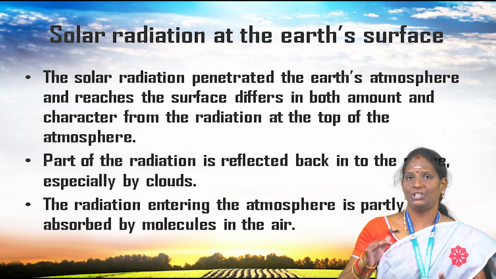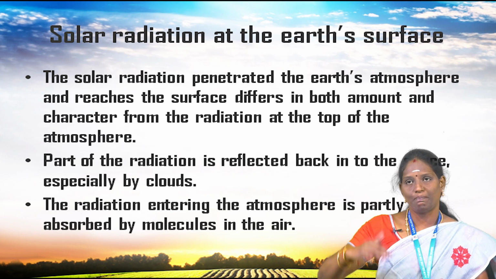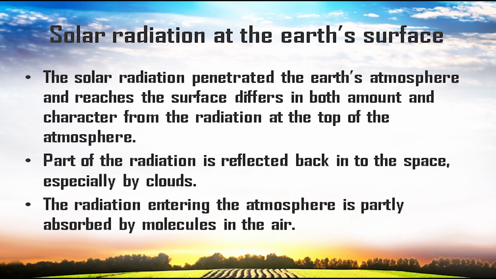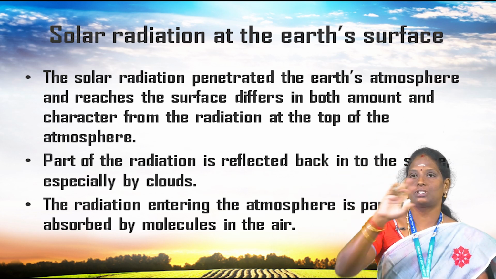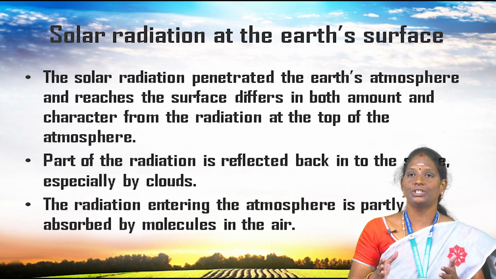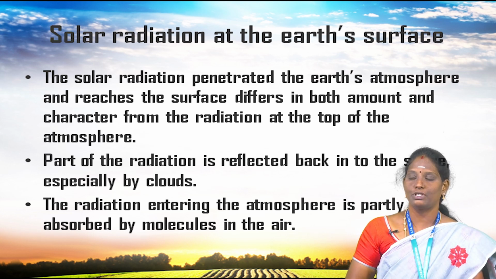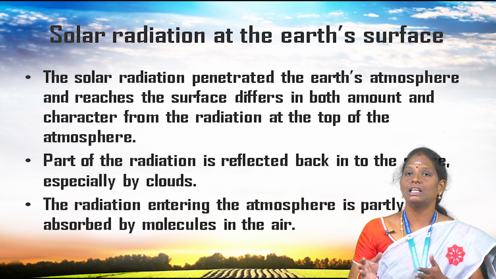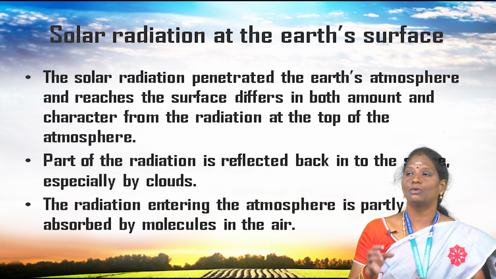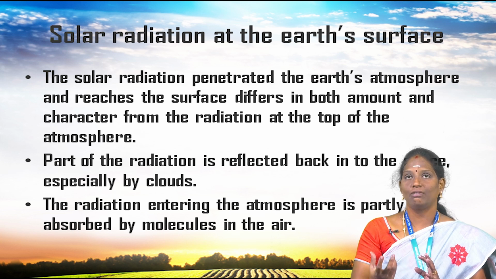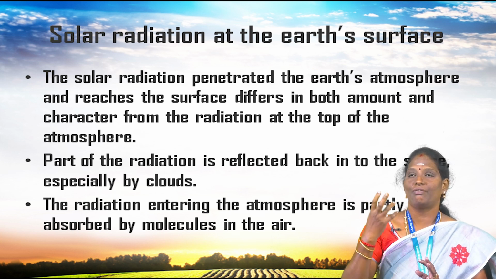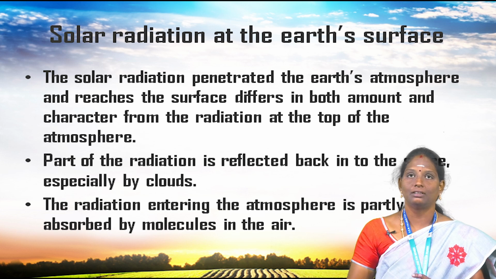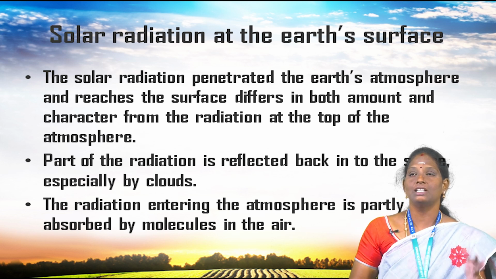Part of the radiation is reflected back into space, especially by clouds. The radiation entering the atmosphere is partly absorbed by molecules in the air. So, we do not get full radiation from the sun to the earth. These are the main difficulties we face.